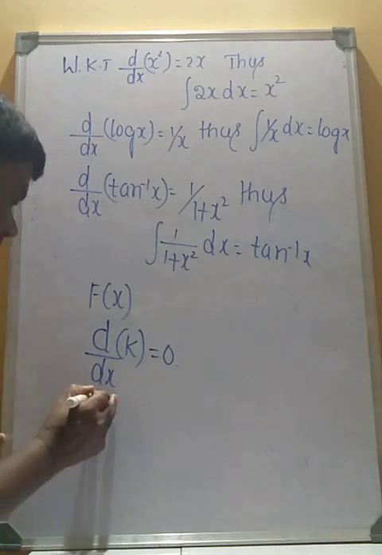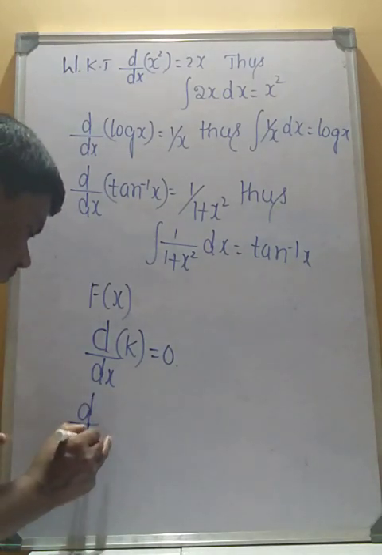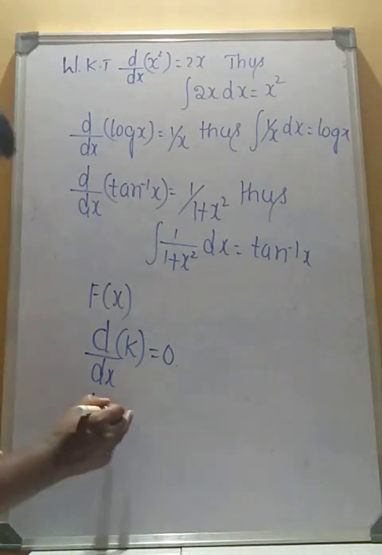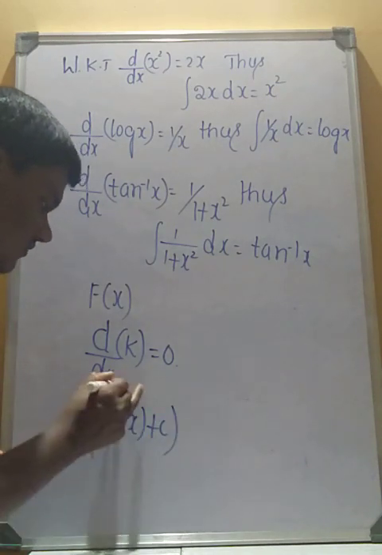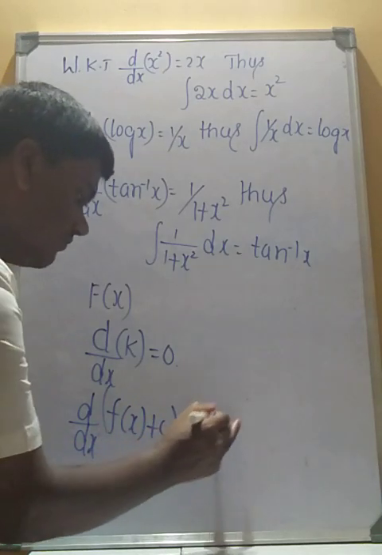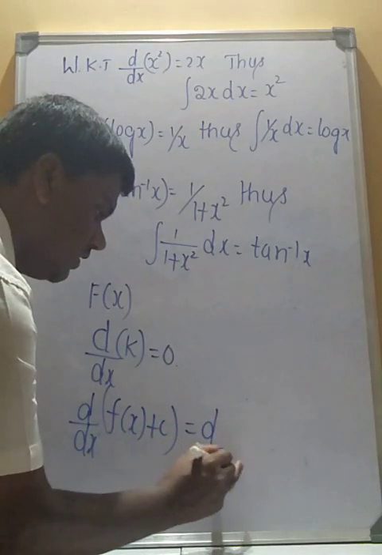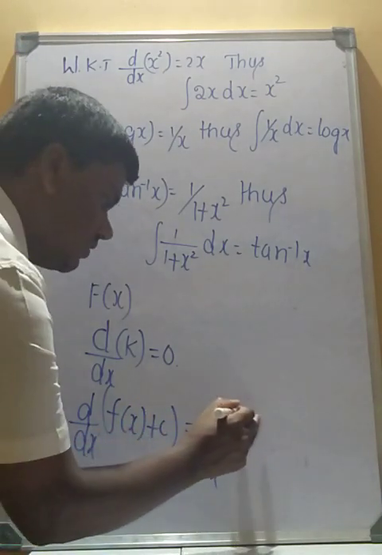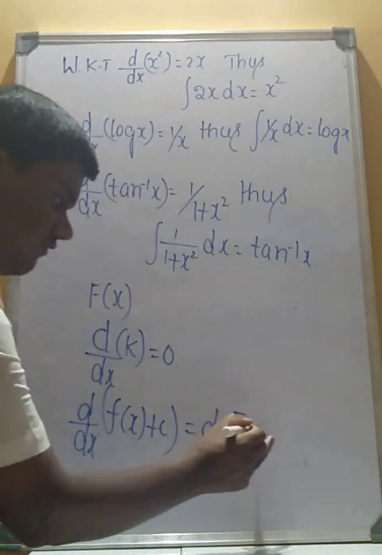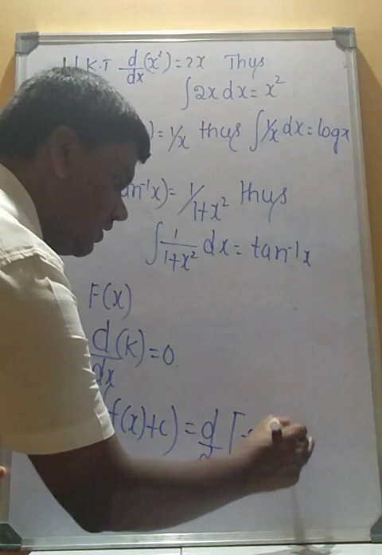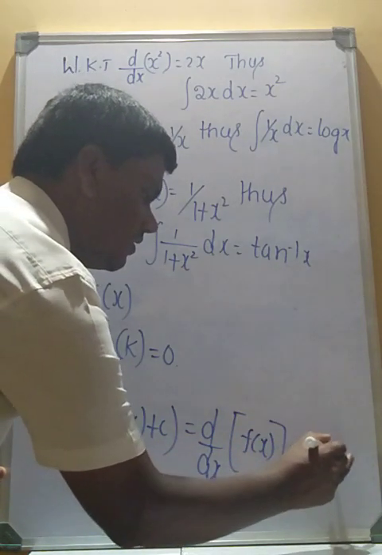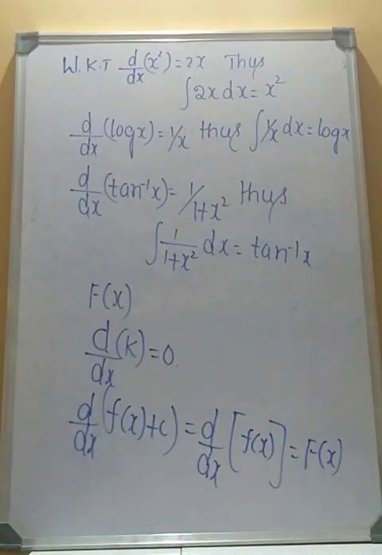Thus, d by dx of f of x plus c equals d by dx of small f of x equals capital F of x.